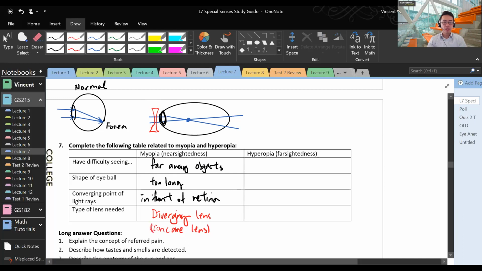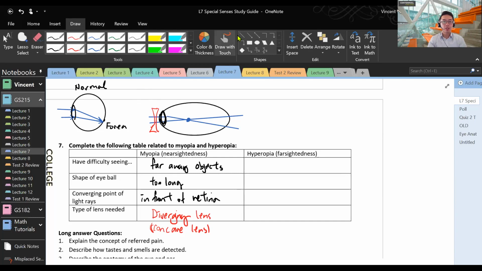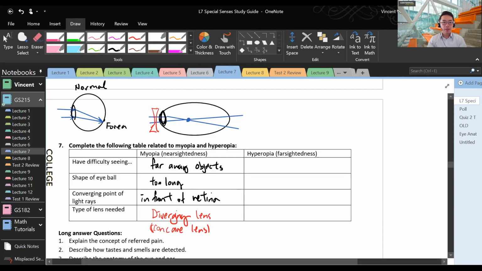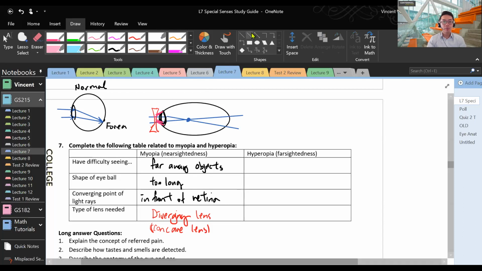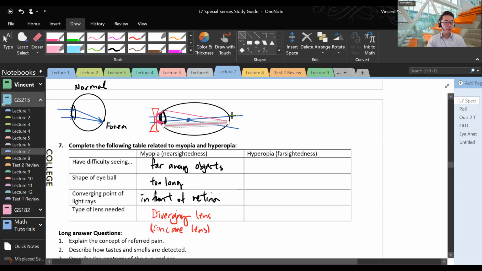So what the concave lens or the diverging lens does is it will take the light rays, let me draw it in pink this time, and spread them out a little bit first, before they enter the eye. So by spreading the light rays out by the right amount, they will now converge on the right spot.